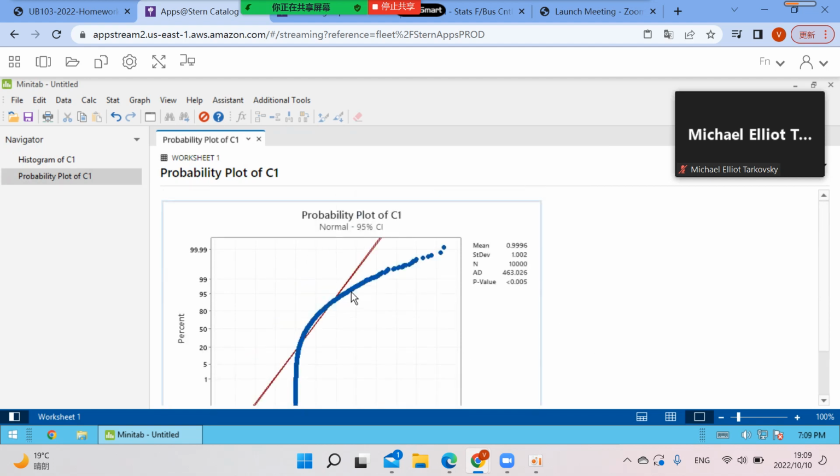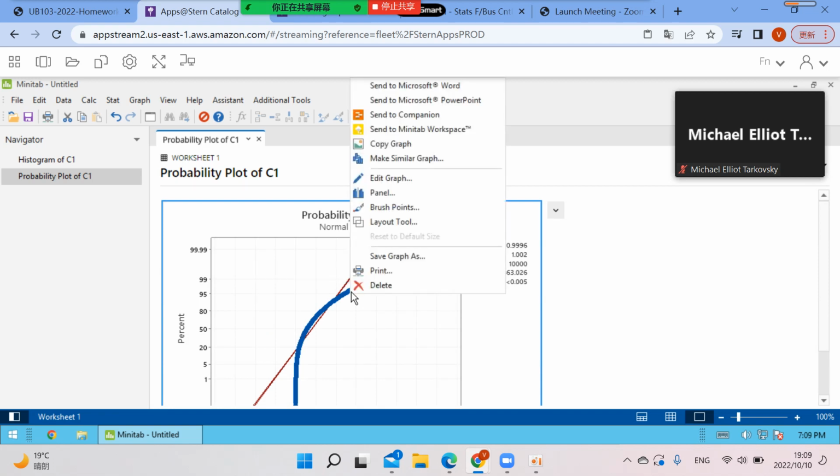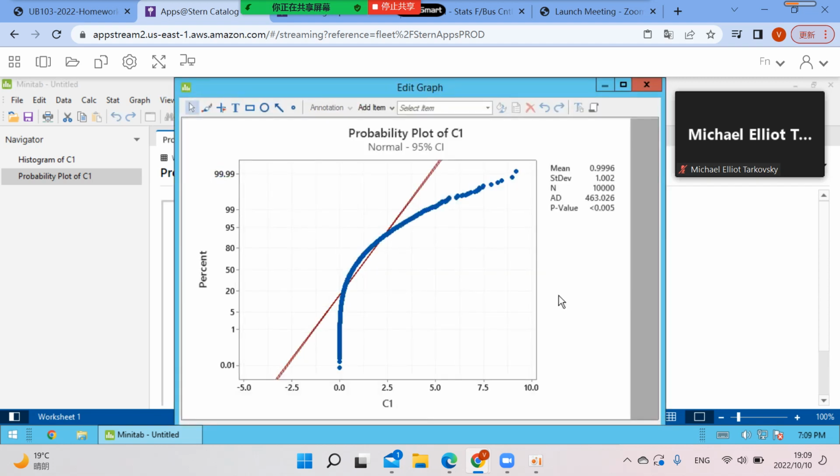Maybe you're gonna input some other command, because I already did that, so it gives me a QQ plot against a standard normal distribution. If you do it the first time, maybe you should input some other command. I'm plotting my C1, my data, against a standard normal distribution.